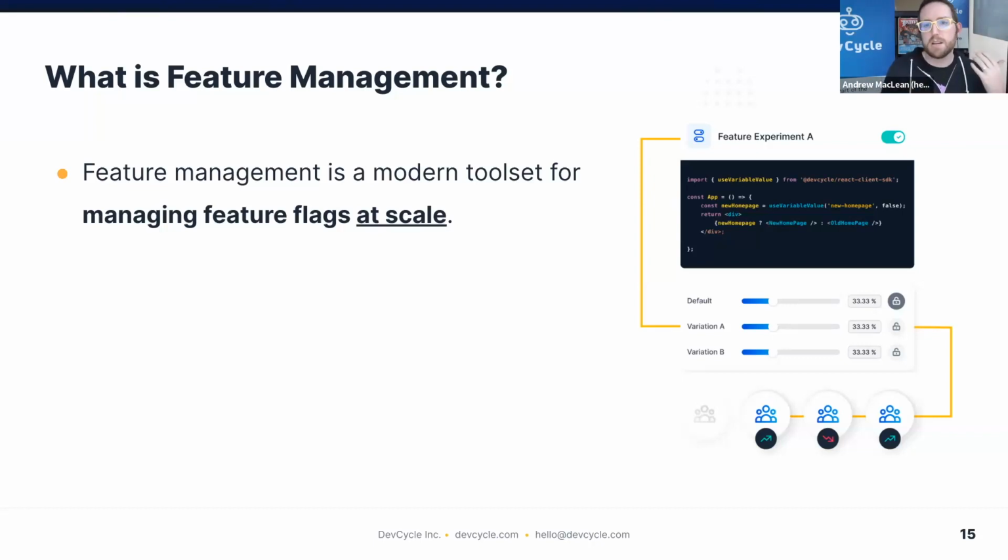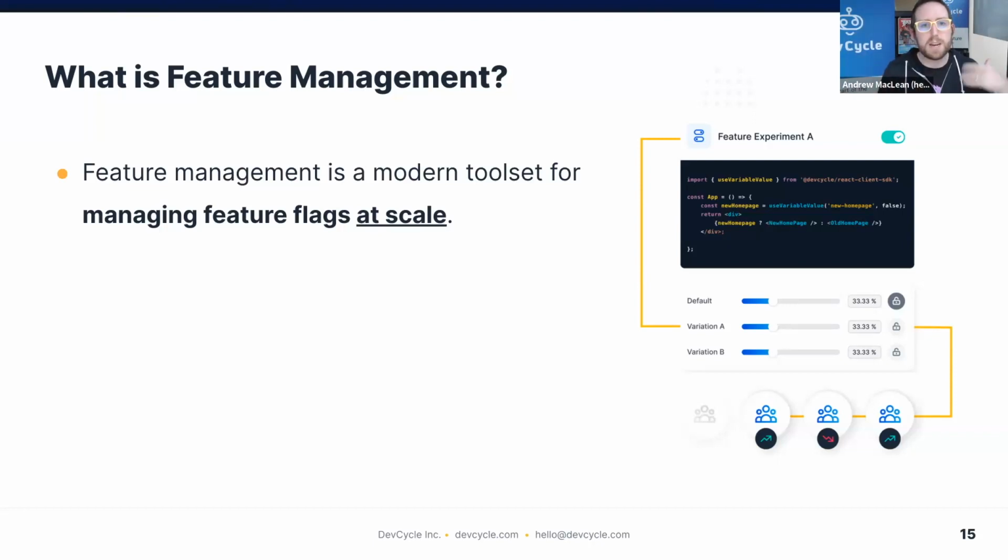You can actually see here on the right-hand side a React example of what a feature flag looks like. We're importing this useVariableValue hook to talk to the DevCycle feature management platform, which is the equivalent of our remote config file.